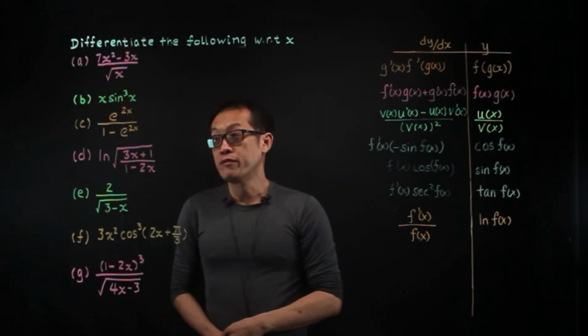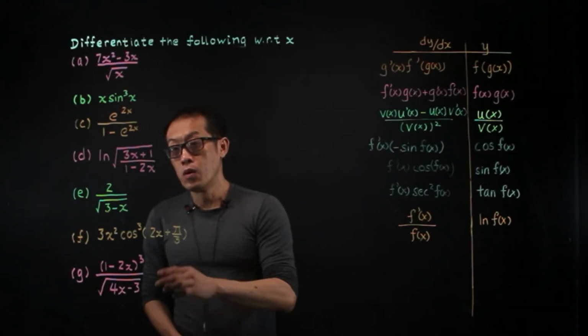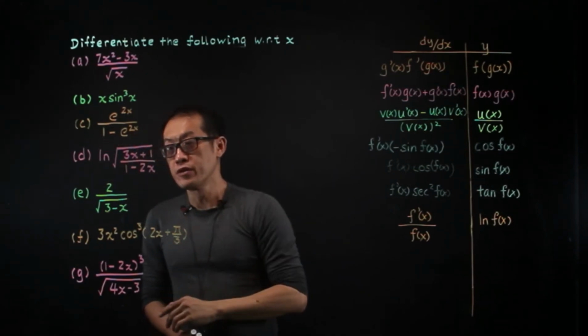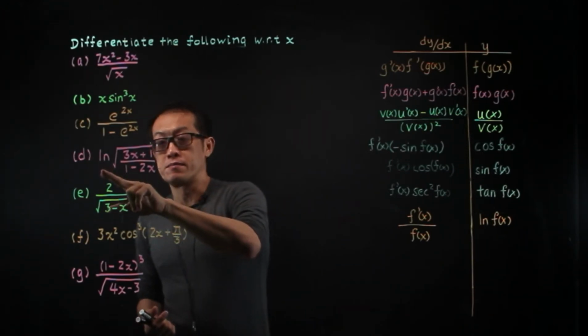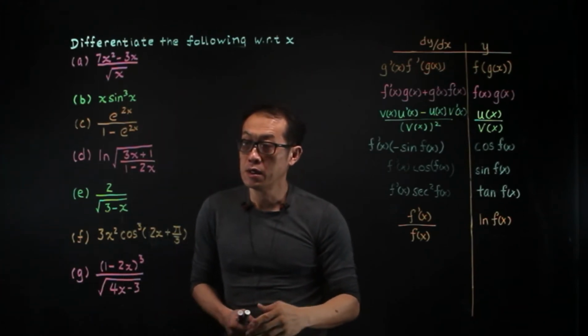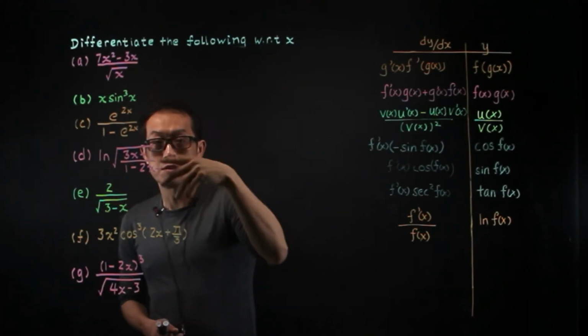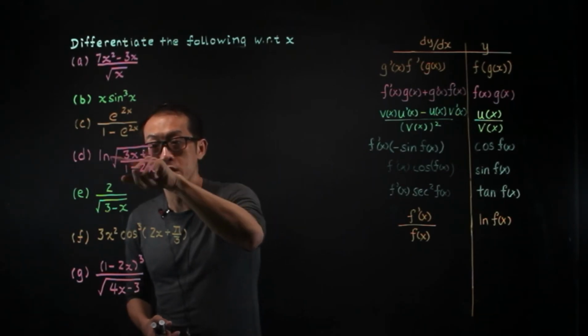Let's carry on with D. Now, look at this. How are we going to differentiate this? Some of you might think that let's do it by composite function. You differentiate ln x is 1 over x, so this will be 1 over this.